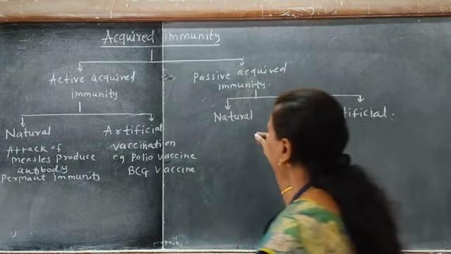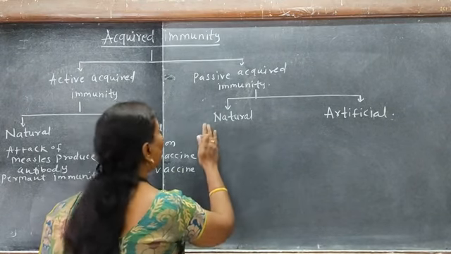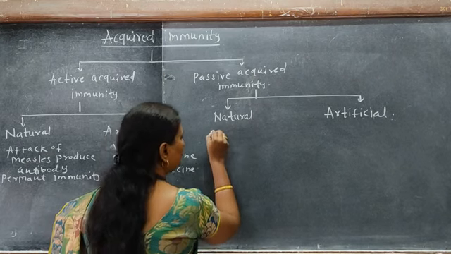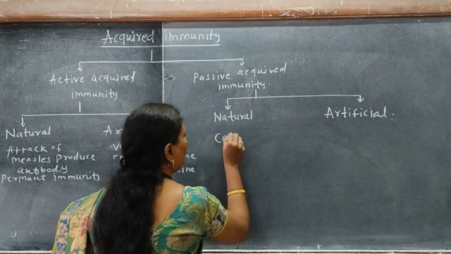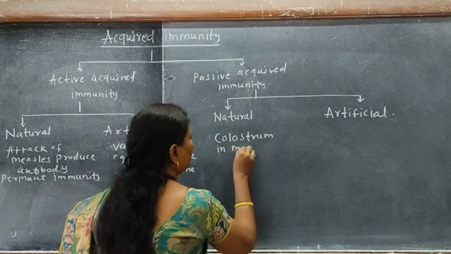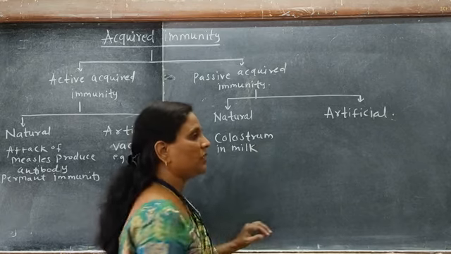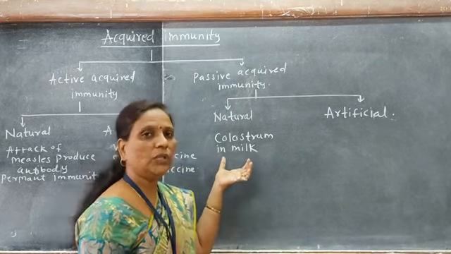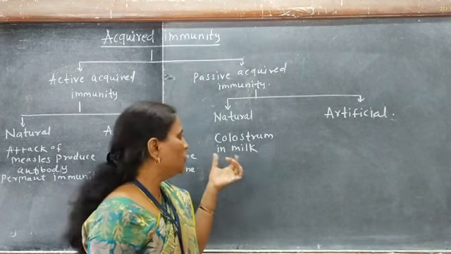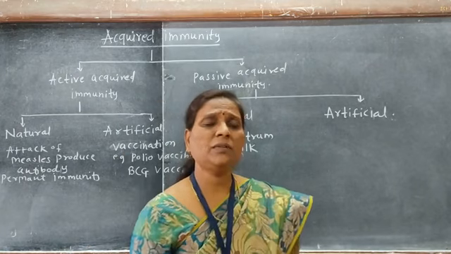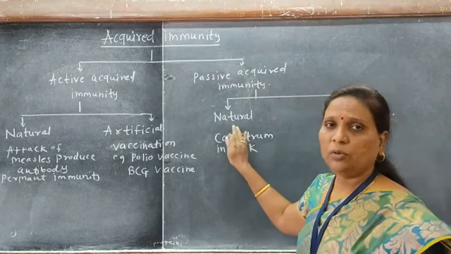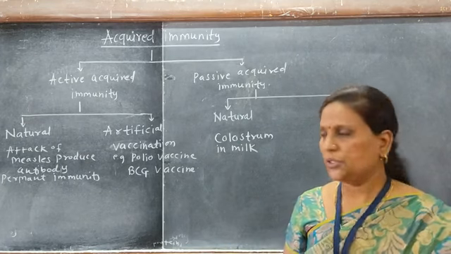So example of this natural passive acquired immunity is mainly colostrum in the milk, which is the first milk fed to the baby, and it consists of mainly the antibodies. So this immunity is a temporary type of immunity, and it is natural immunity to fight against the pathogens.